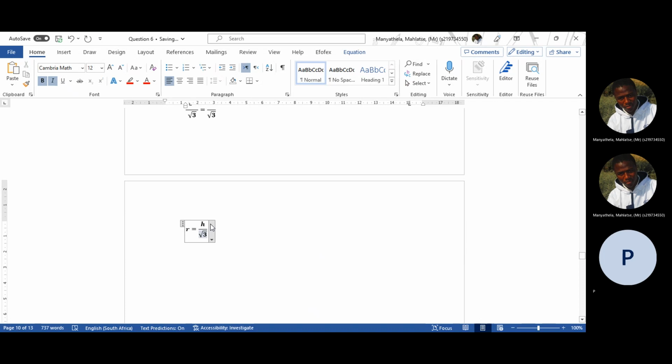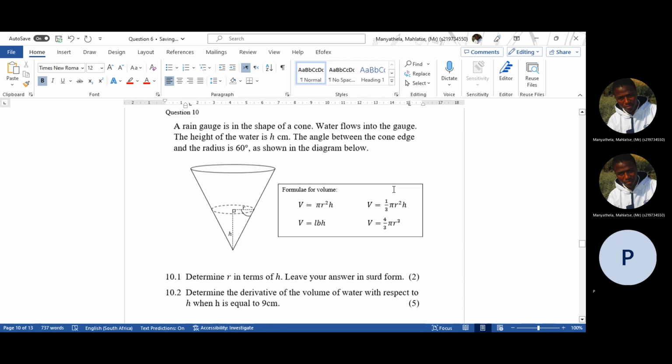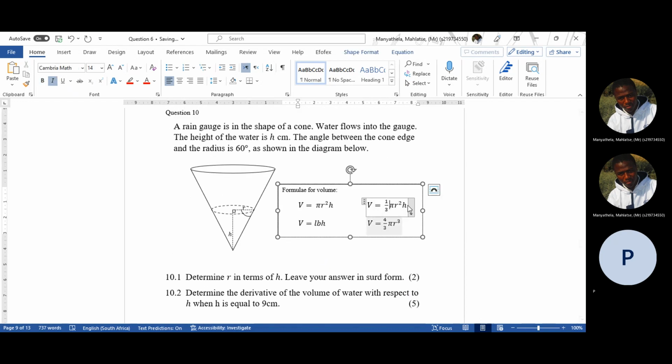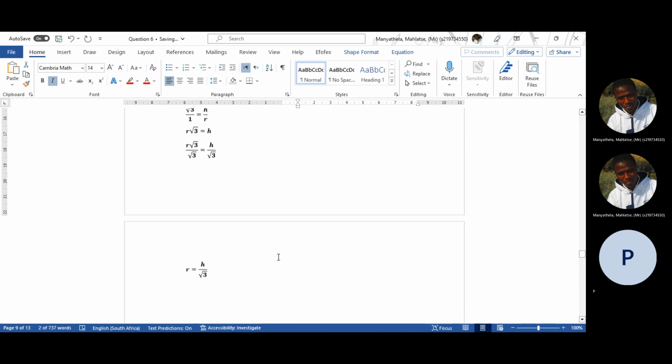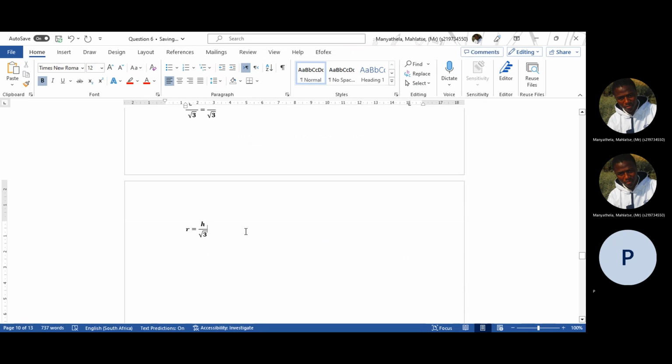In this case, r is equal to h over root 3. So let me just copy the formula for volume.